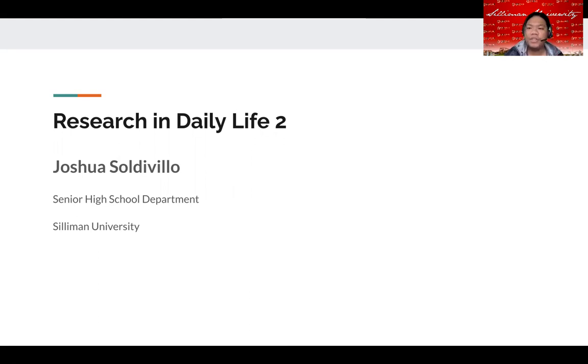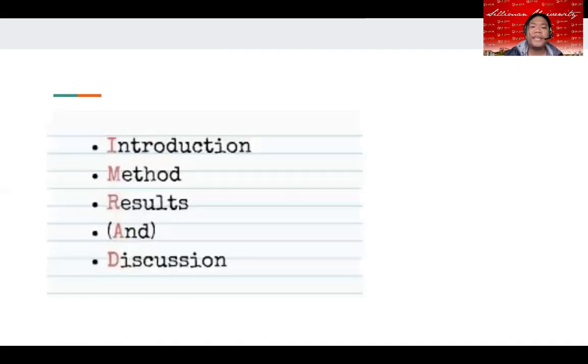But for the interest of time, and at the same time to provide everybody more chance to finish and to have a more efficient undertaking in RDL2, we decided to choose the IMRAD format.